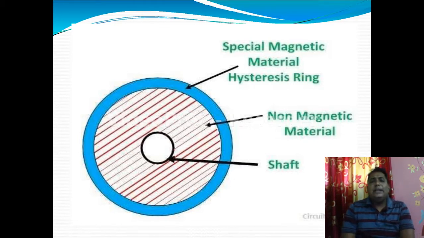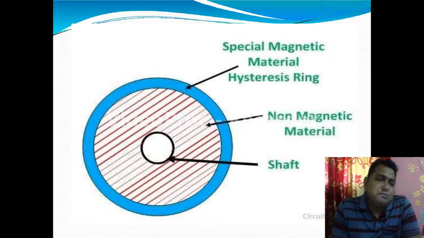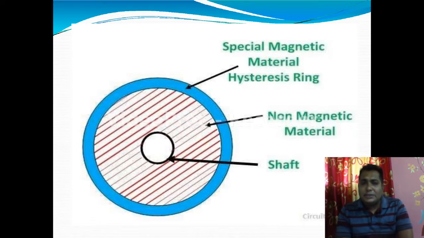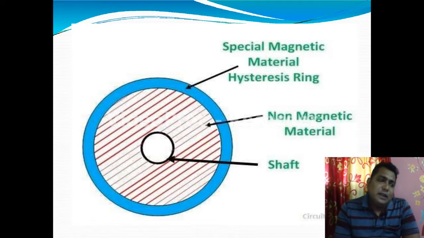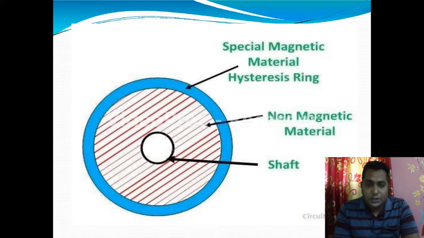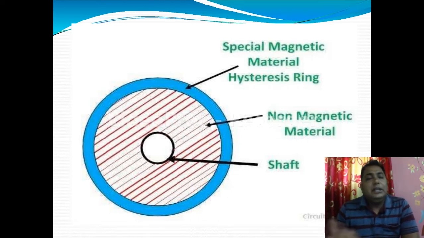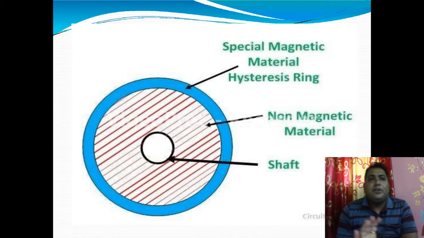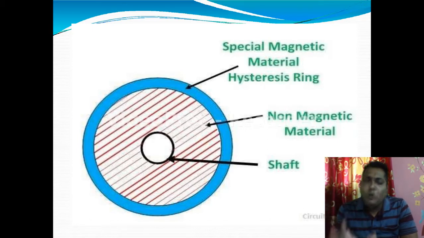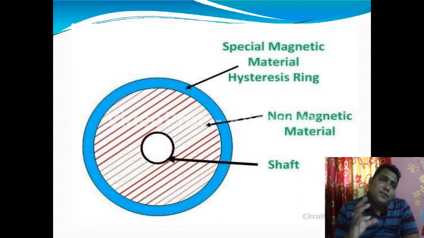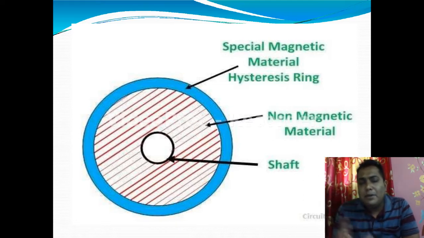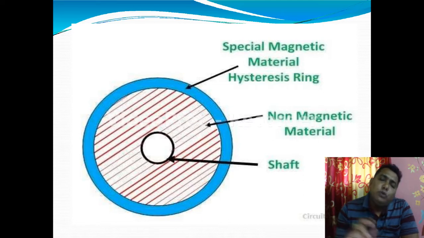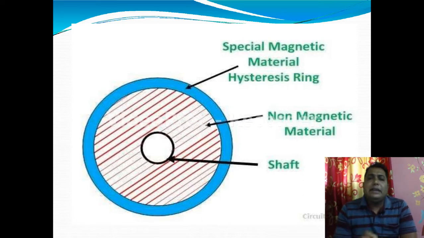Now the point is, why is the whole material not the special magnetic material? If we use that, then what will happen? The cost and the weight of the machine are going to increase. But for the magnetization, for the pole generation and for the attraction between stator and rotor poles, we need only the outer periphery to be special magnetic material.